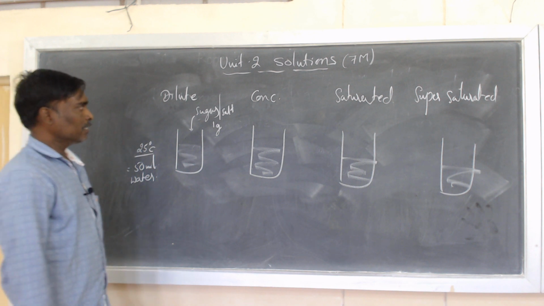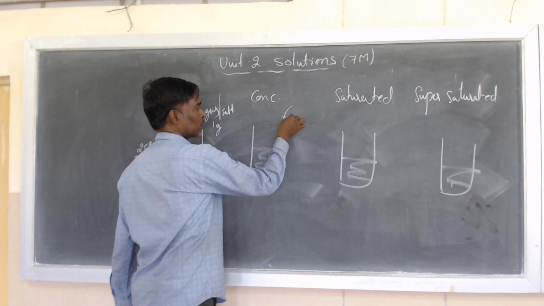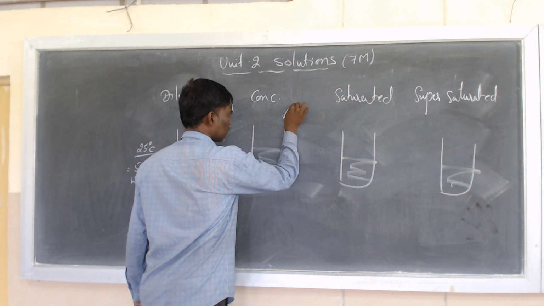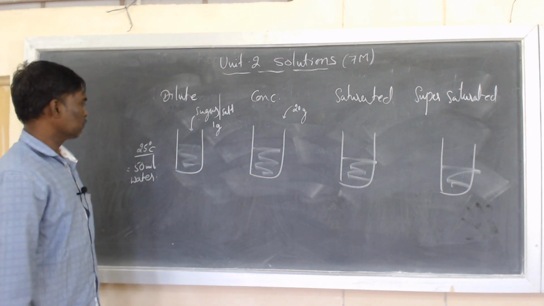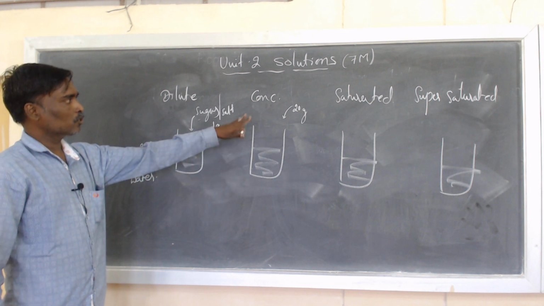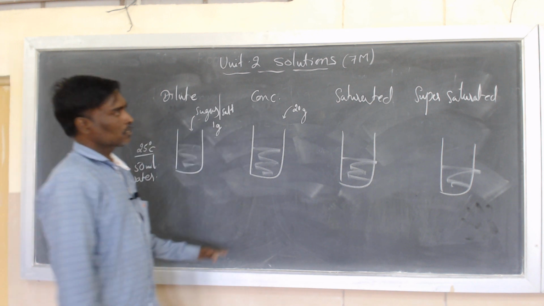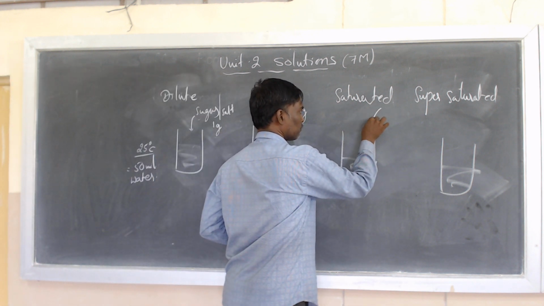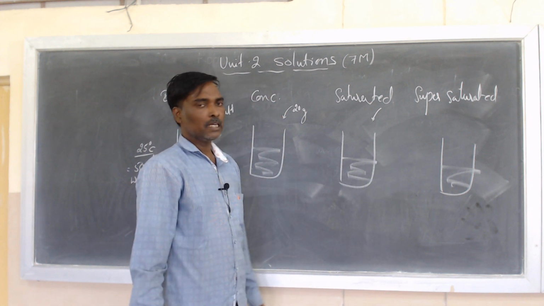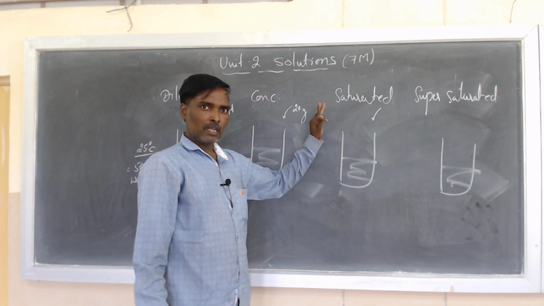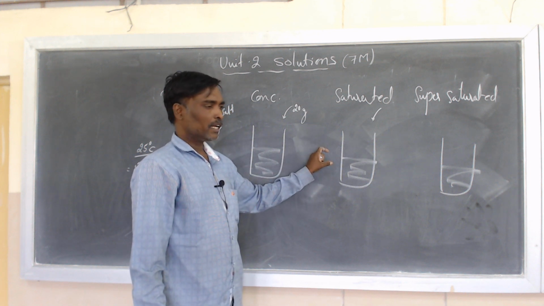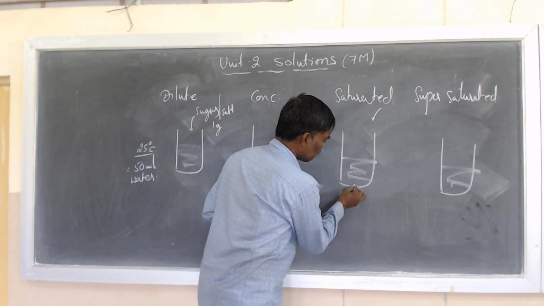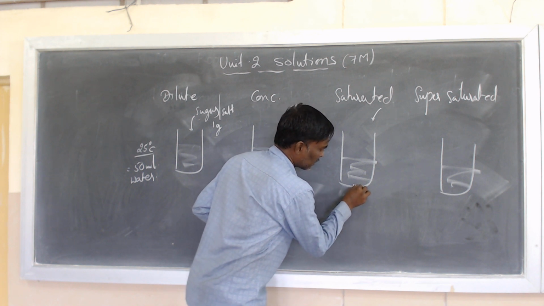In the second I am adding around 20 grams of sugar. And in the third solution I am adding the sugar in such a quantity that some crystals of sugar get settled down.